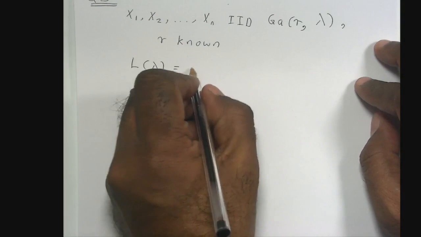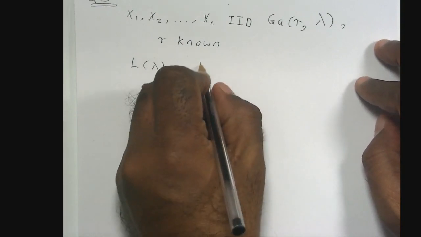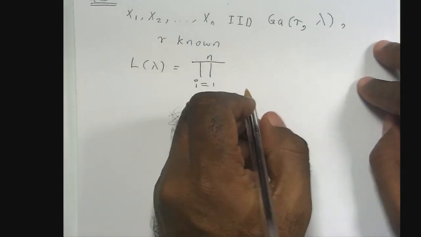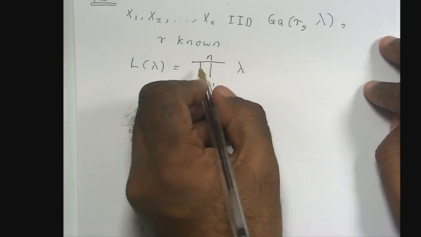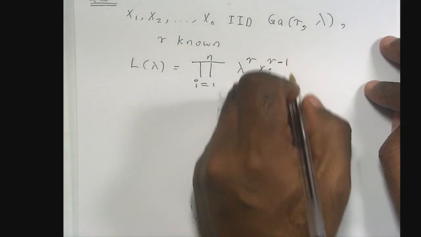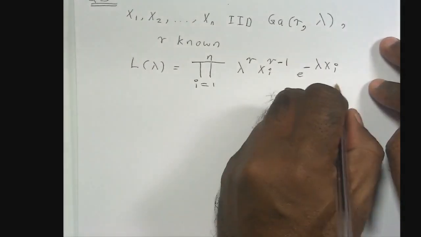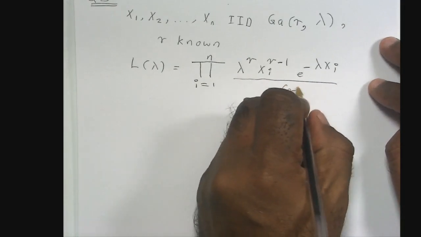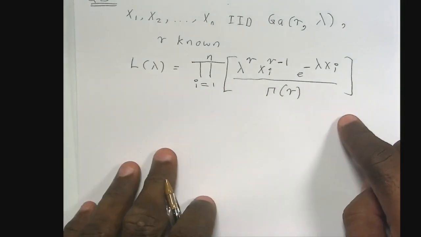If you look at page 8, equation 35, you will see that the likelihood function is the following. Can you see this formula on page 8?